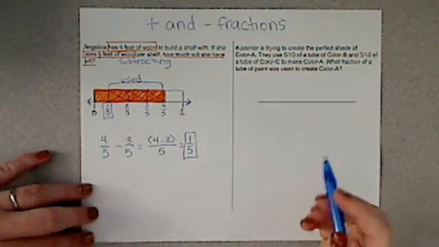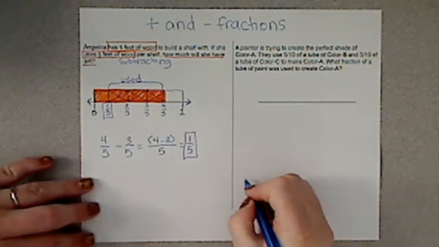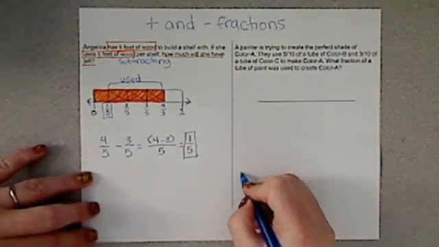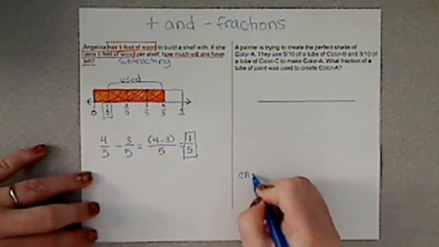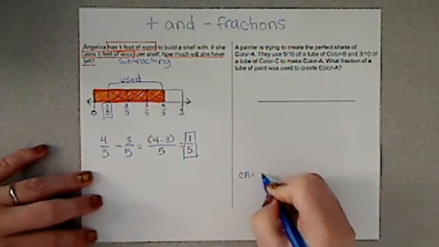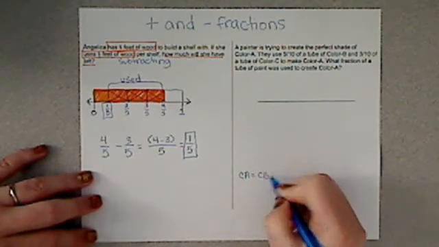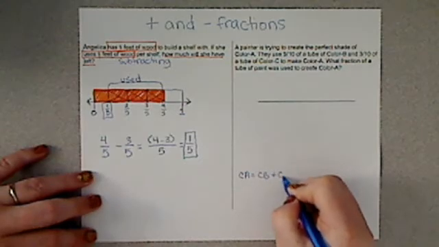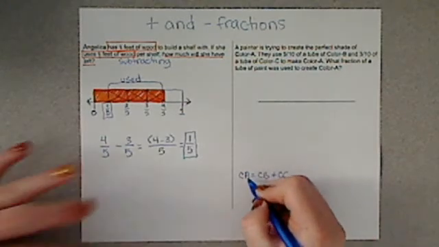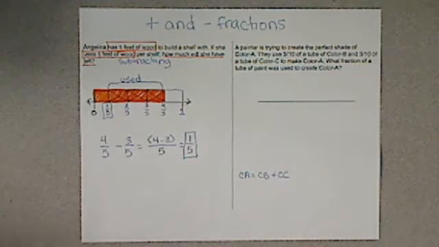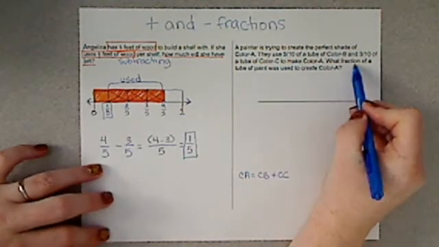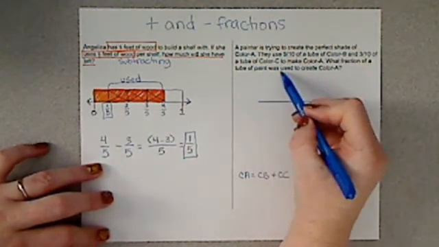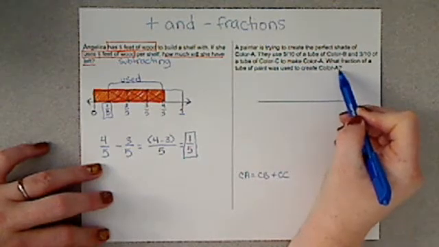So I'm going to kind of come down here and I'm thinking, okay, so color A is what they're wanting to make, and they're using color B added to color C to make color A. Okay, I understand this now. What fraction of a tube of paint was used to create color A?